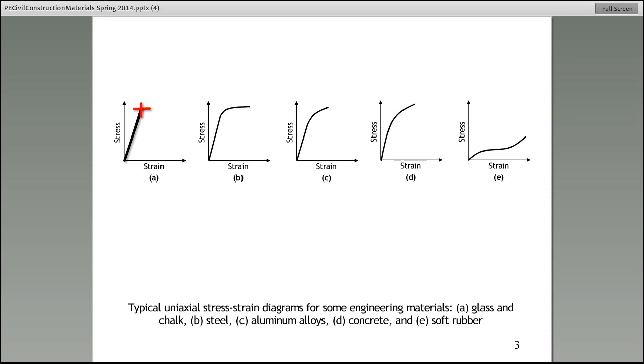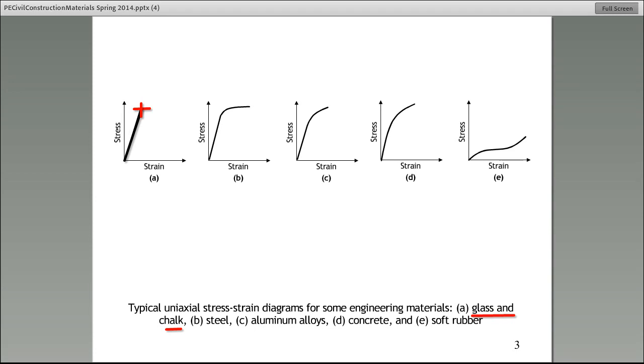As you can see down here, that is glass or chalk, and those kinds of materials we talked about would be brittle. It would fail without any warning. So in this case, the material is proportional and has a linear relationship.